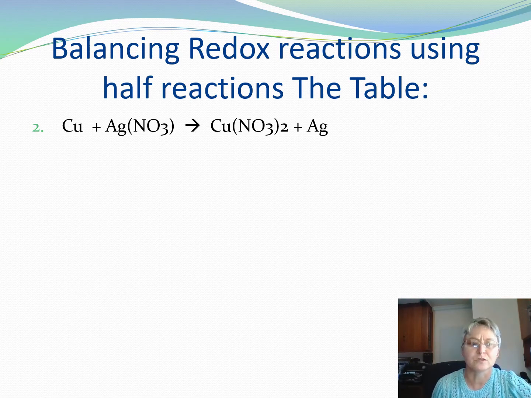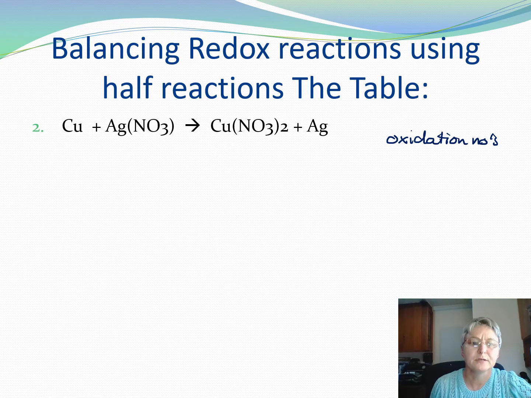The first thing we do is we find out which reagent is the reducing agent and which one is the oxidizing agent. Now, it will help if you write down the oxidation numbers for the elements.